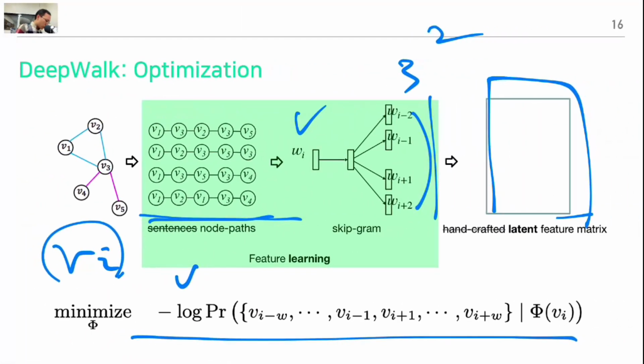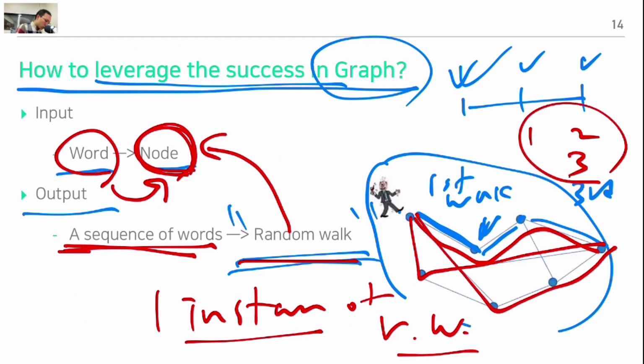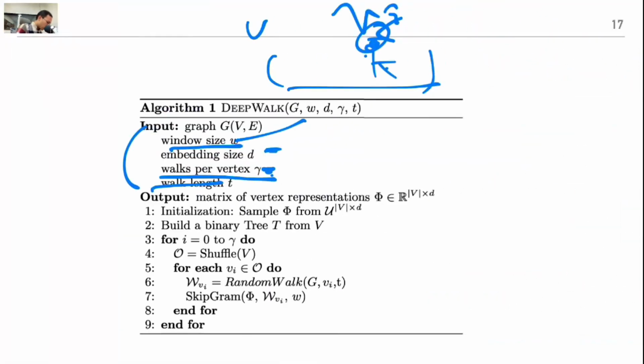For example, in the drunken man case, we get this as the first random walk. We get this as the second random walk. We get this as the third random walk. So 3 is the number of walks here. Yeah. And this is our expected output.